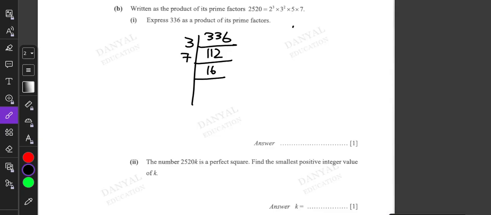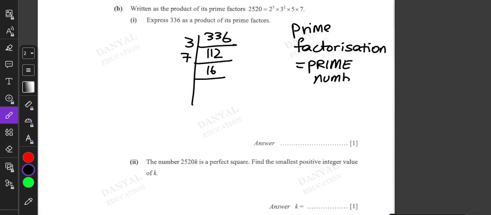Now remember, prime factorization equals prime numbers only. Okay, that means you cannot use numbers like 4, 6, because 4 and 6 are not prime numbers.